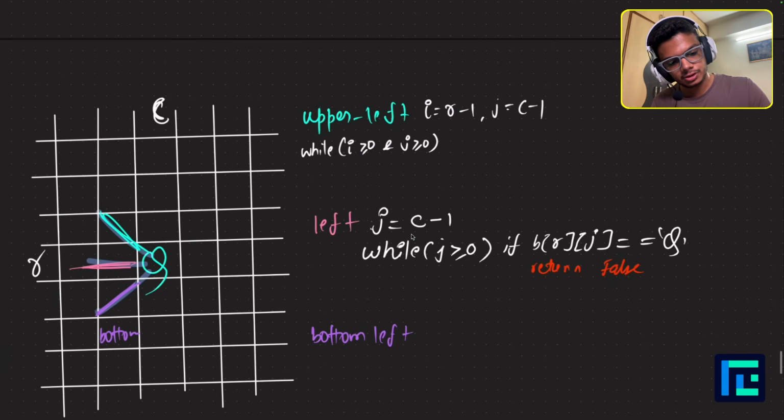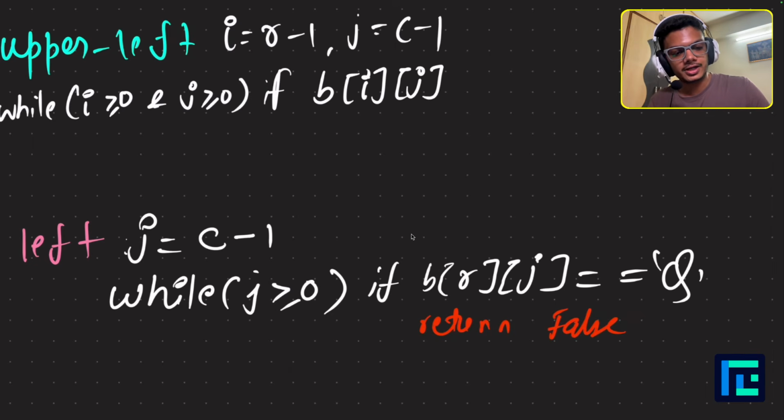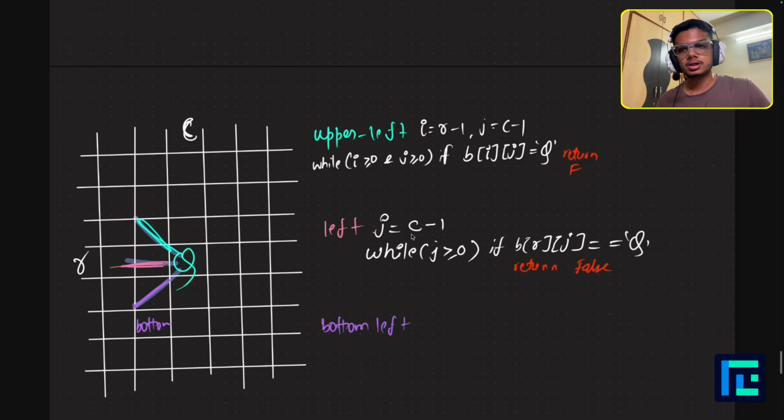Why am I doing that? Because first this cell will be checked, then this one. So we'll have to subtract 1 from i and j on each iteration. If my board of i, j has a queen, we can return false, right? So that you can do.